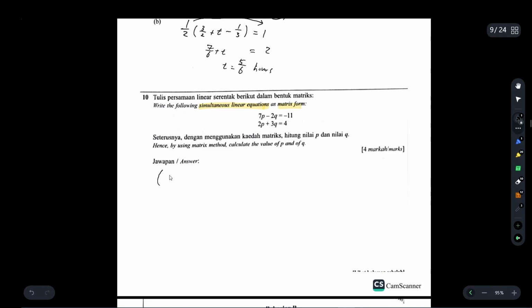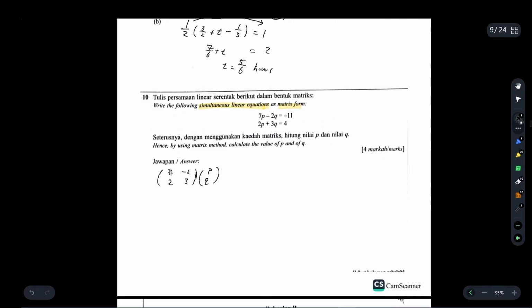So in this case, 7 is at the top left, and at the bottom left we have 2, the top right is -2, and the bottom right is +3. It's a 2 by 2 form, and this is PQ.